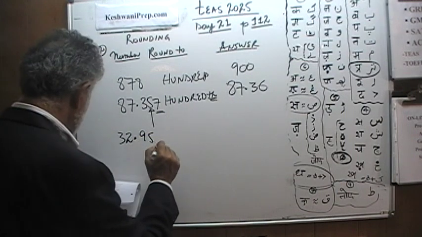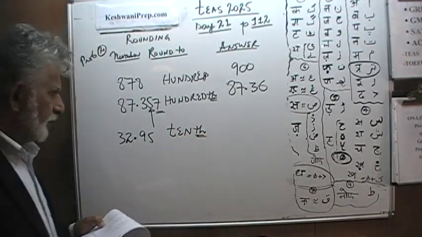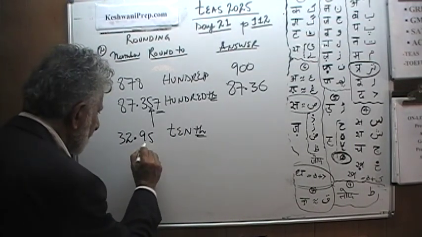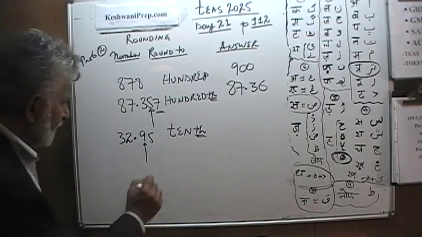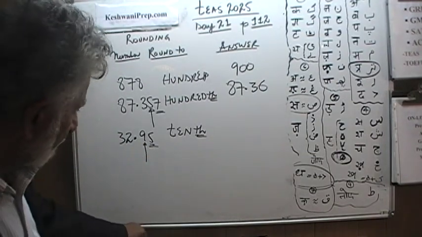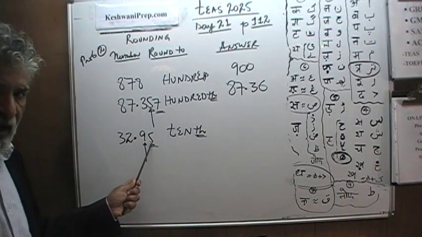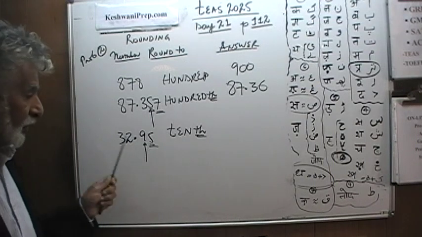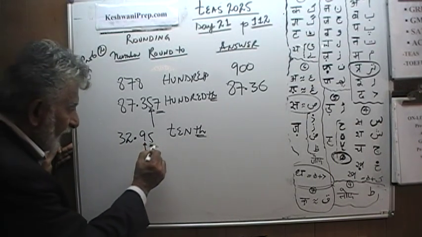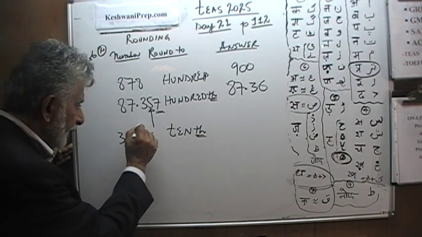32.95 rounded to the nearest tenth. Nearest tenth. Well, this is the tenth digit, and since the digit to its right is 5 or more, watch what happens. This is going to get a little tricky. That's the rule: if it's 5 or more, then the one to the left of it has to be rounded up. This is a 5, so this 9 has to become 10.